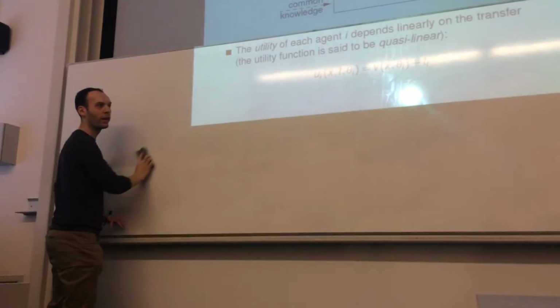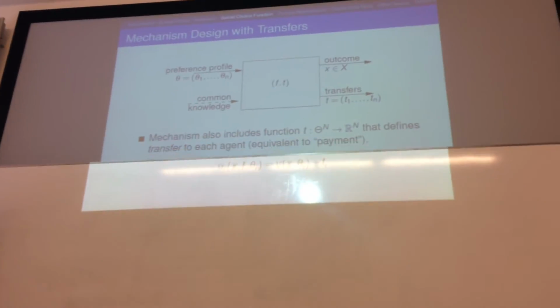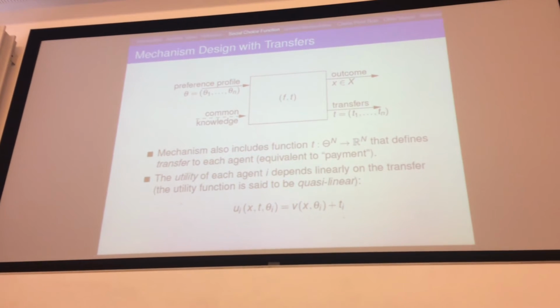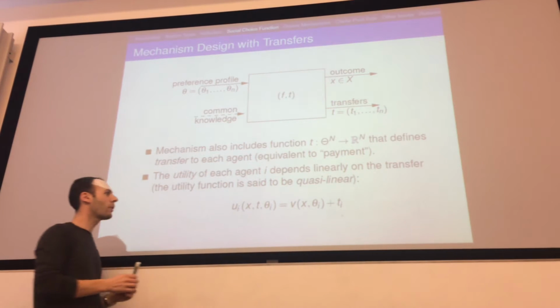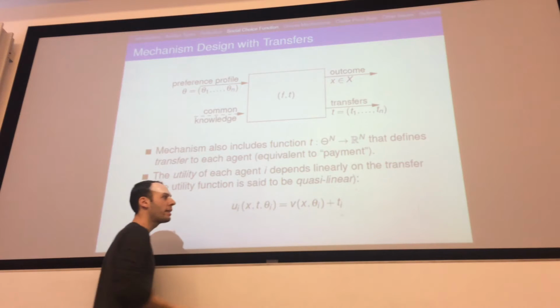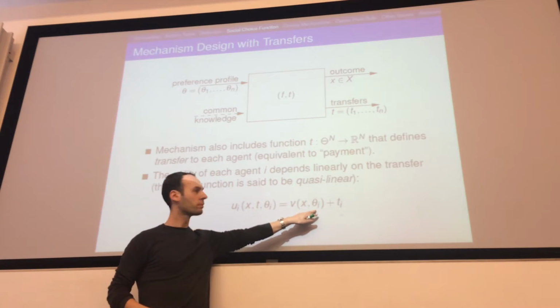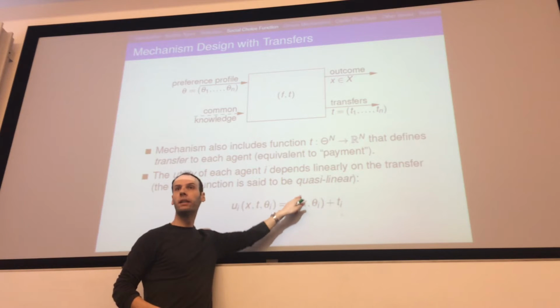Other mechanisms. So it doesn't mean that if it doesn't hold, we can't do anything, but just that some of the results we have might not apply. So these utility functions have two components. Essentially we have a value, which can be any function, which depends on the outcome and by type. This doesn't have to be linear.